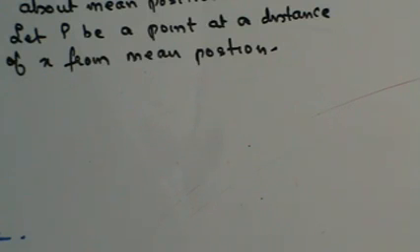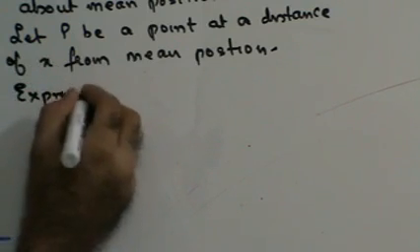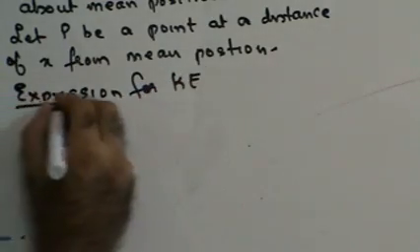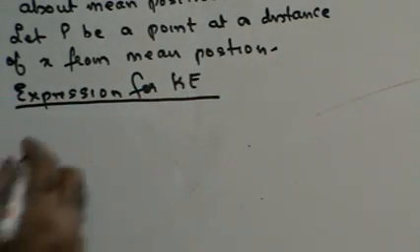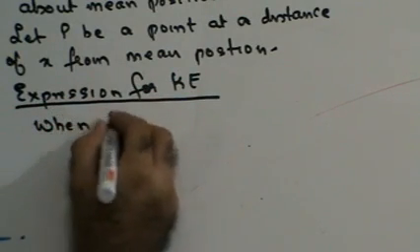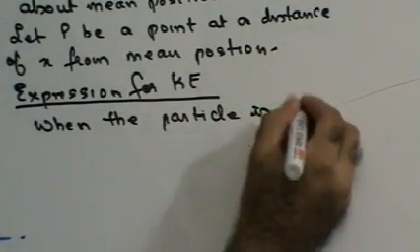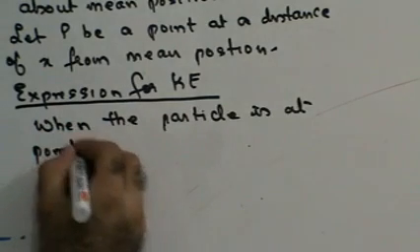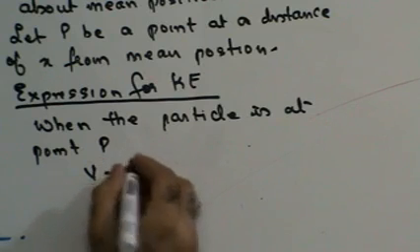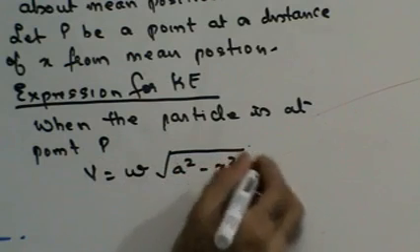Now let us try to find out the expression for kinetic energy. When the particle is at point P, the velocity of a body in SHM we have already derived as omega times square root of a square minus x square.